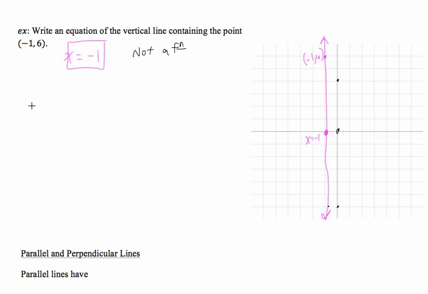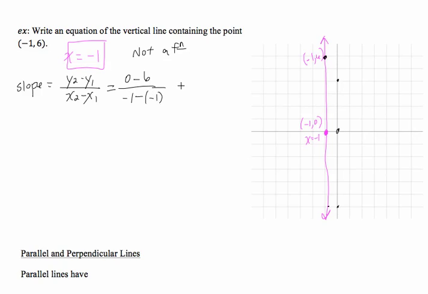Now let's look at the slope. Slope, remember, is rise over run, or if we have 2 points, it's y2 minus y1 over x2 minus x1. So let's choose 2 points on this line. Let's go with (-1, 6) for x1, y1. And let's just go with this x-intercept here, which is the point (-1, 0) for x2, y2. So if we use those 2 points to compute the slope, we'd have y2, which is 0, minus y1, which is 6, over x2, which is -1, minus x1, -1.